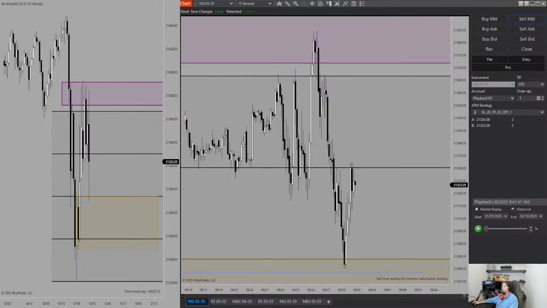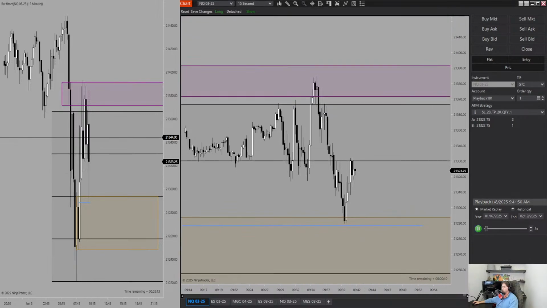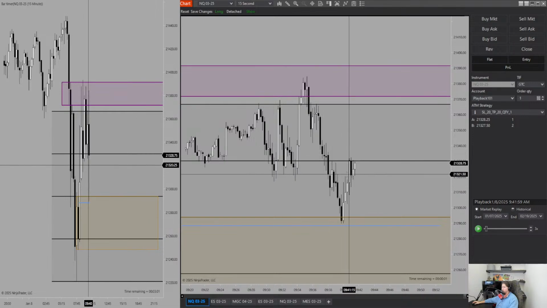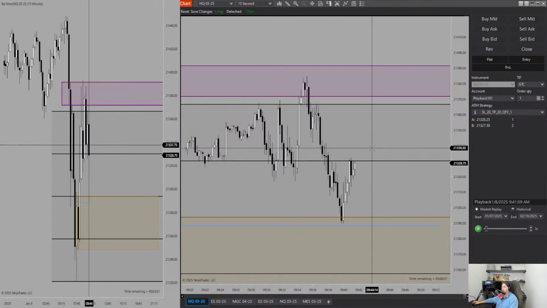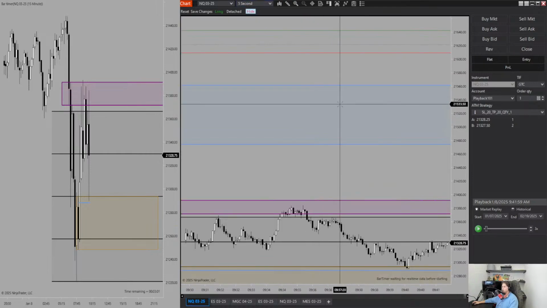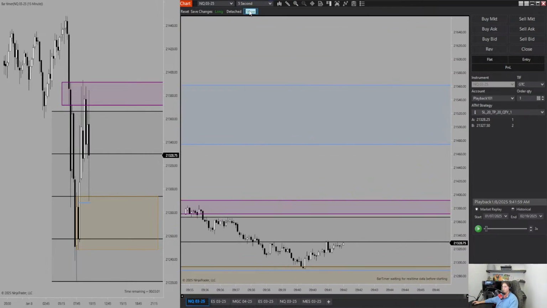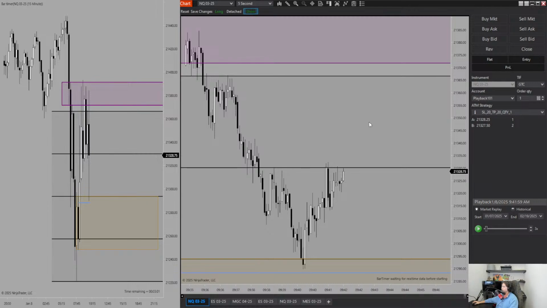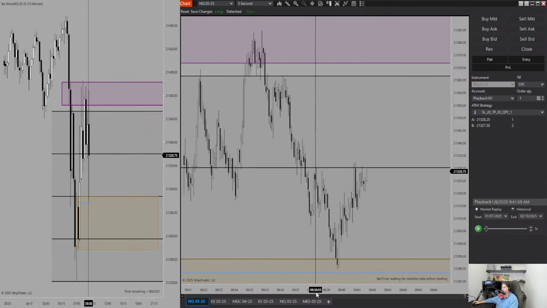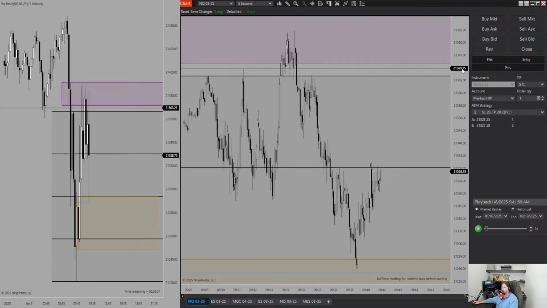Okay, back to back testing. I don't like this, which is mitigating every move up here. Might need to go to the 5 second, see if we see anything. Gross. Yeah, I really want to see this take the low.